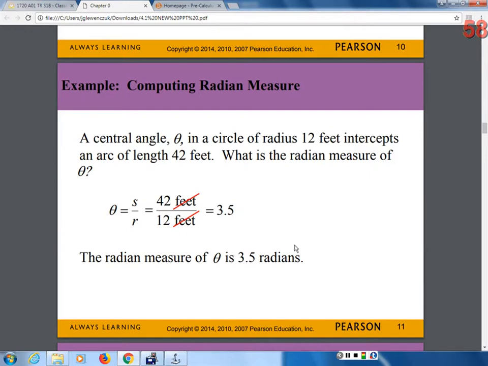So we're going to use the formula. Theta is S divided by R. They gave us S, they gave us R. The feet, make sure the units cancel, and it's in radians. So you do need to write the word radians down. So this is exactly what goes on your sheet. You have to know that S is the intercepted arc length, is 42 feet. R is 12 feet.